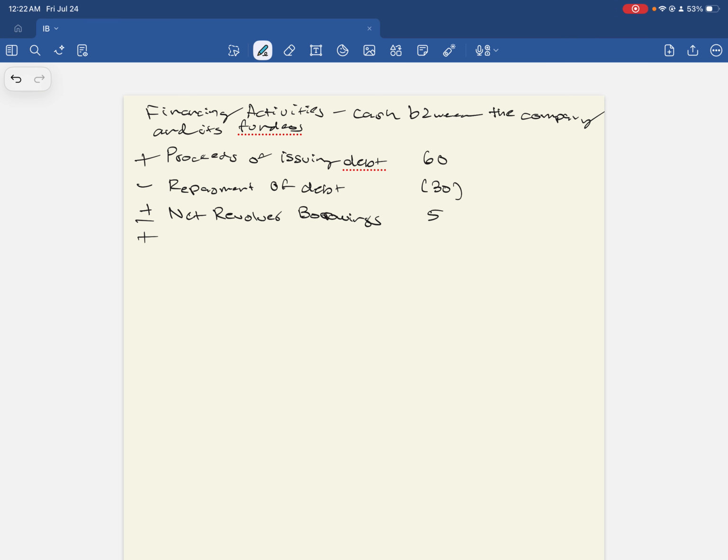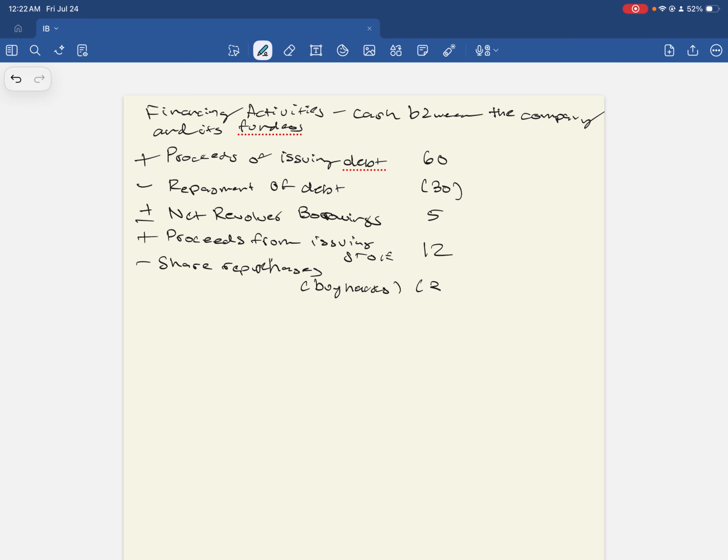Then you can add back proceeds from issuing stock. Say you sold new shares to investors, the money they paid comes back to the company as cash. So let's just say we add back $12. Next, we subtract our share repurchases, and specifically these are called buybacks.